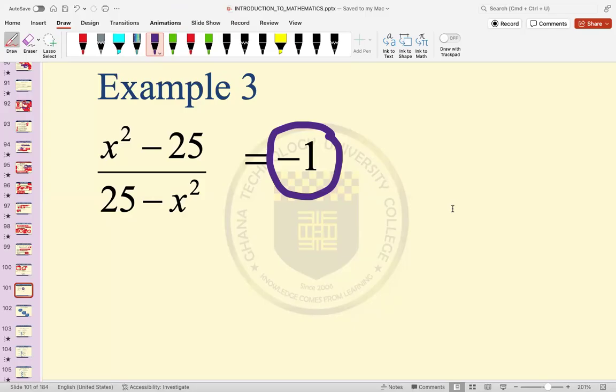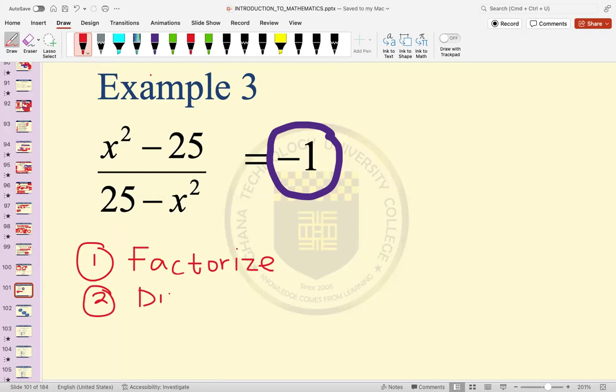We were just using the techniques we have learned today. If I'm to recap, they are as follows. When we started today, we learned how to factorize. And then we learned how to use the difference of two squares.